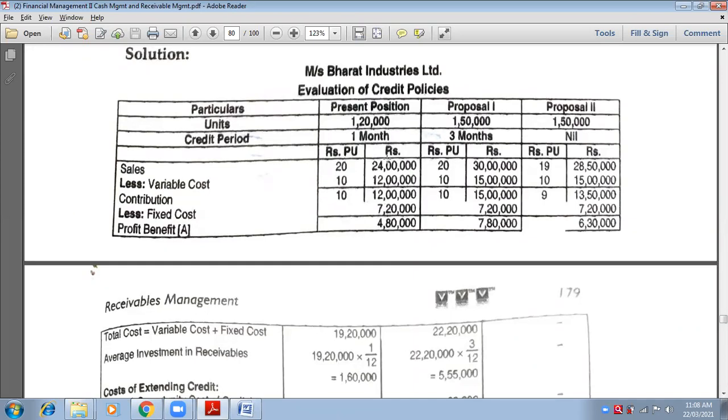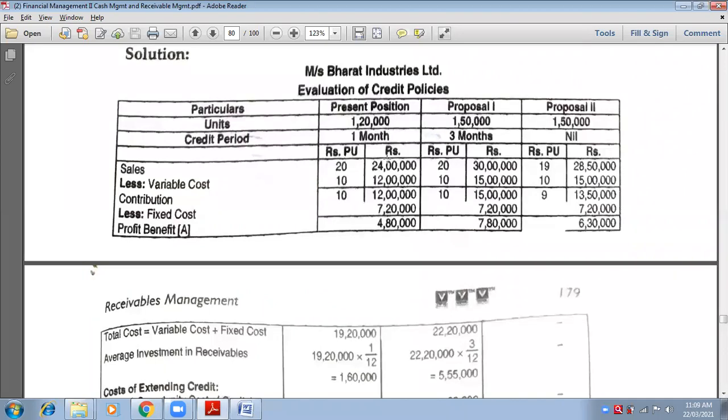What is the amount? Your speed is very slow. This is what has to be done in the calculator. 6 lakh showing. Okay, you write 6.